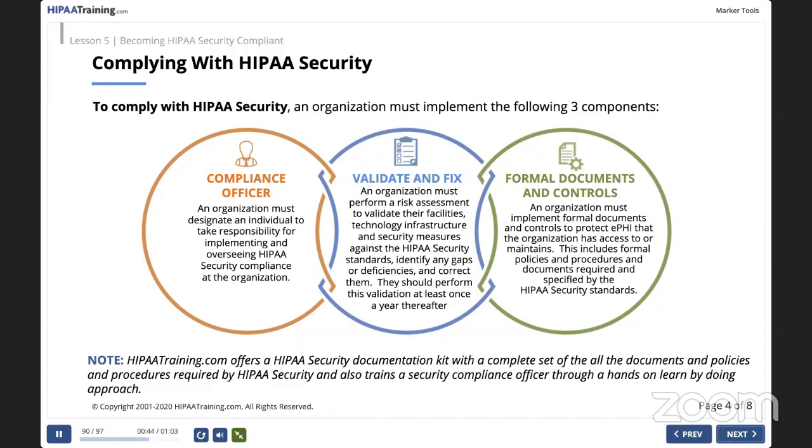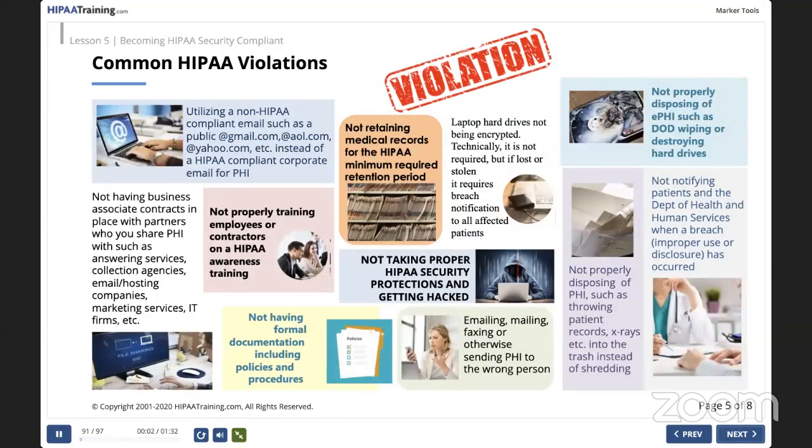Formal documents and controls. An organization must implement formal documents and controls to protect EPHI that the organization has access to or maintains. This includes formal policies and procedures and documents required and specified by the HIPAA security standards. Common HIPAA violations.